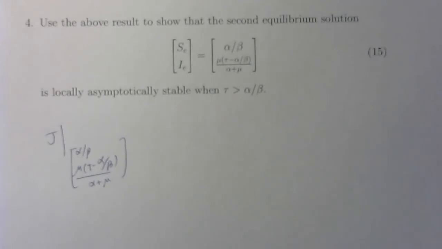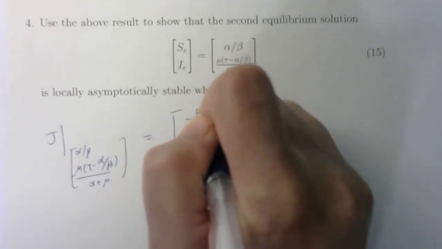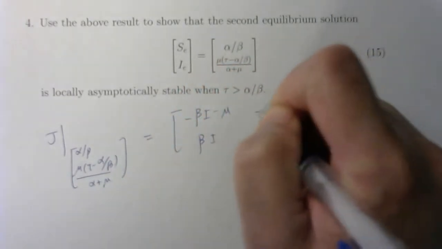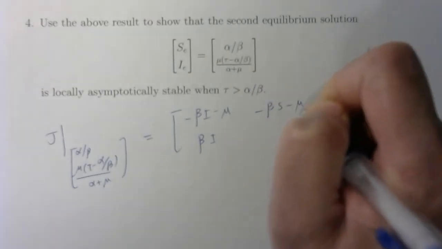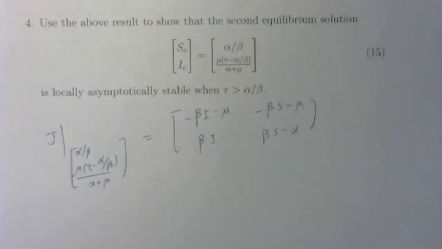It's kind of ugly to plug in, so let's just keep it in this form for now. We're going to be able to do it in this form. Minus, and then beta s minus alpha. Okay, let's try and just look at it with this.